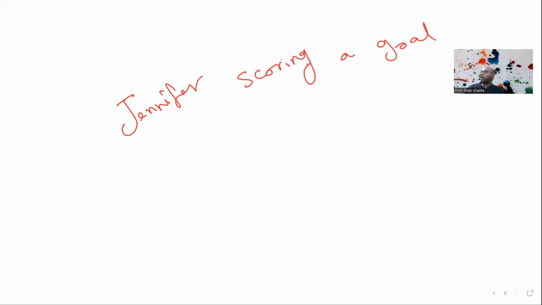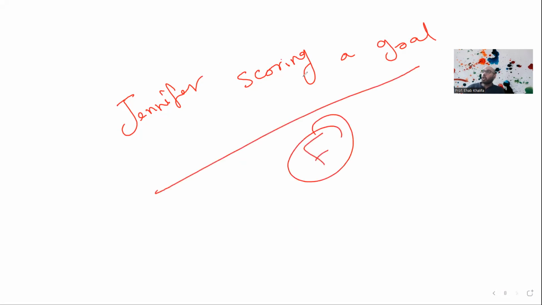Great, guys, great. So pay attention because we have some terms in SAT. When we see this, we say that this is a fragment. Scoring will create a fragment because scoring is not a verb. To make this correct, I can add a helping verb before scoring: am, is, are, was, were.